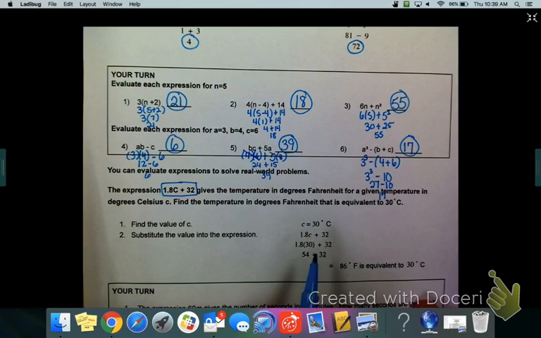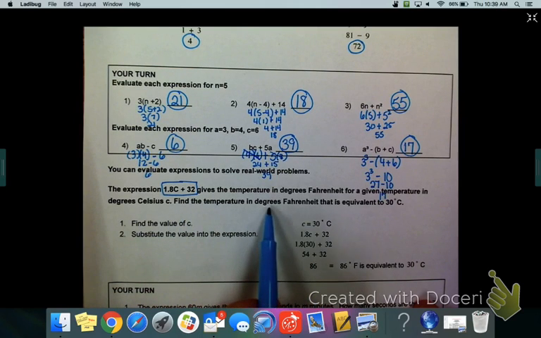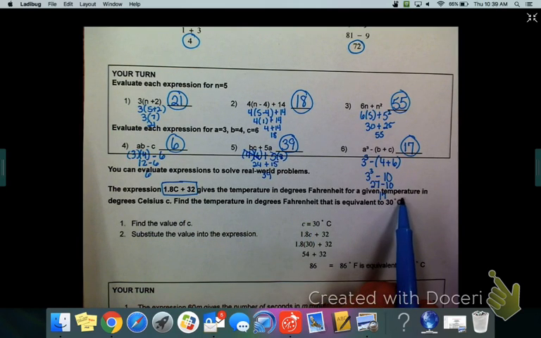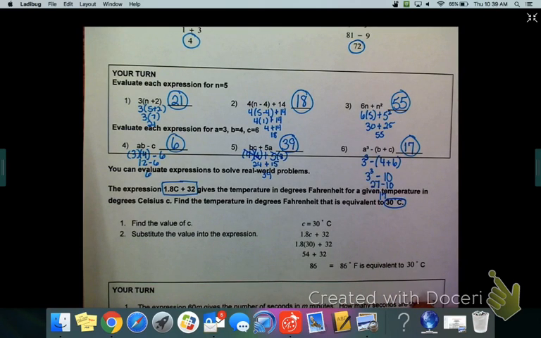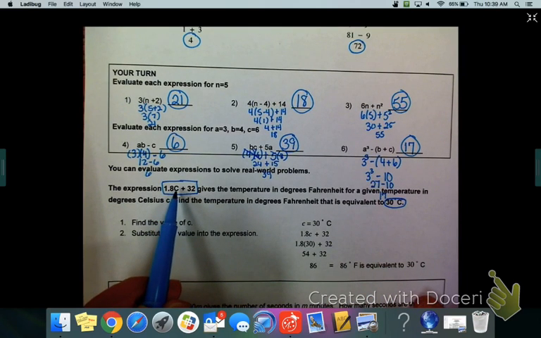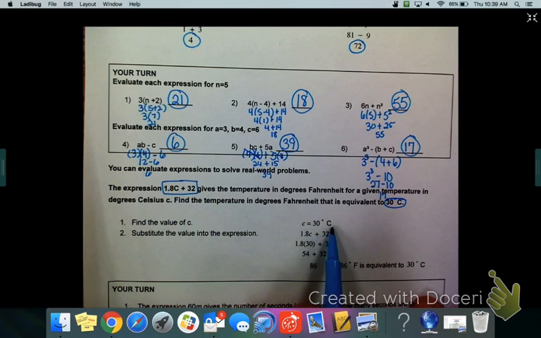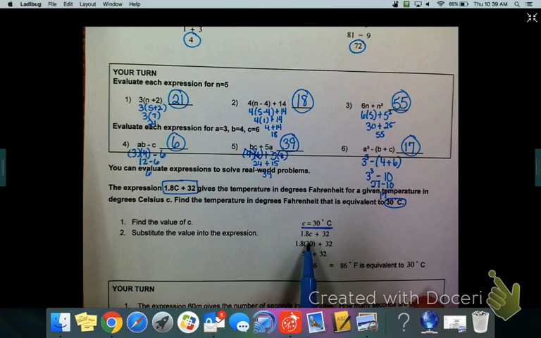So I'm going to come over here and the problem says find the temperature in degrees Fahrenheit that is equivalent to 30 degrees Celsius. So I know that my Celsius degrees is 30. So C is 30. So I'm going to come down here, and there's where the variable is showing that it's equal to 30. And now I'm going to plug it in. I'm going to say 1.8 times 30 plus 32. Again, remember you have to show some way that somebody understands that this is multiplication.